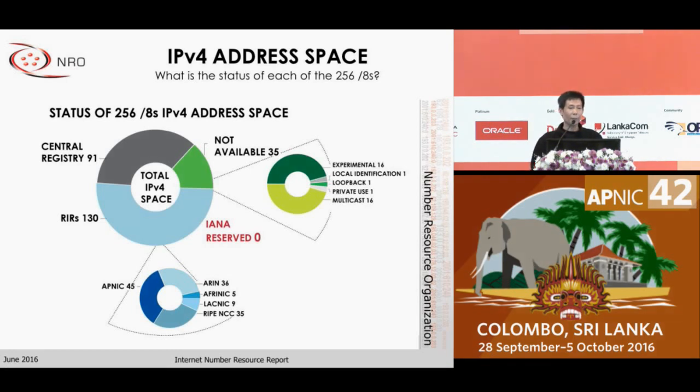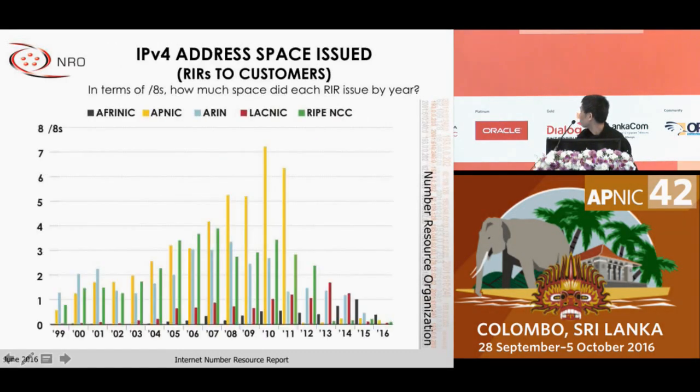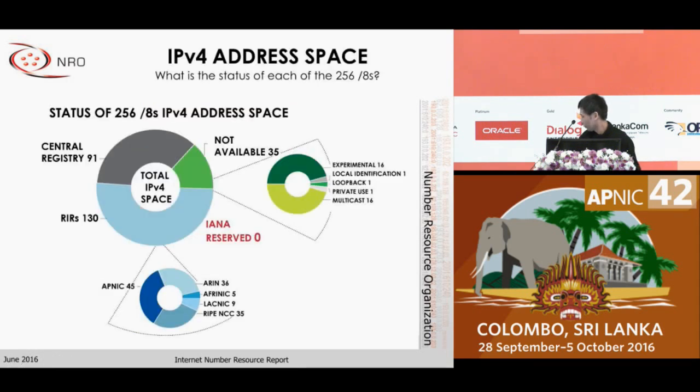First, let's look at IPv4. There are 256 /8s in the total IPv4 address space. Out of that, 35 /8s were reserved for technical reasons, and 91 /8s were delegated under the central registry.